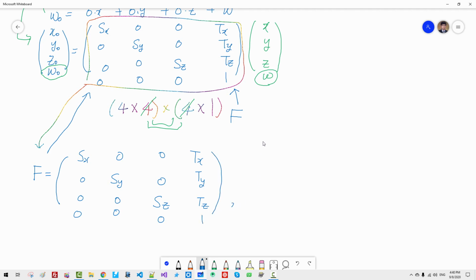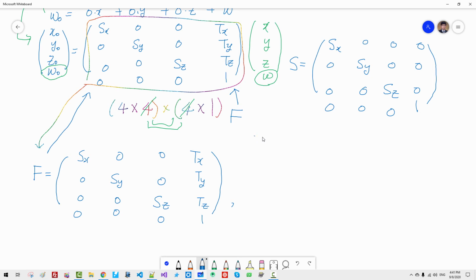And I will let matrix S be Sx 0 0 0; 0 Sy 0 0; 0 0 Sz 0; 0 0 0 1.